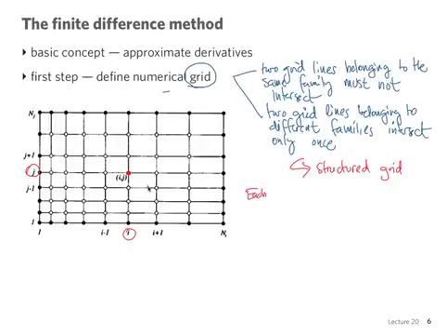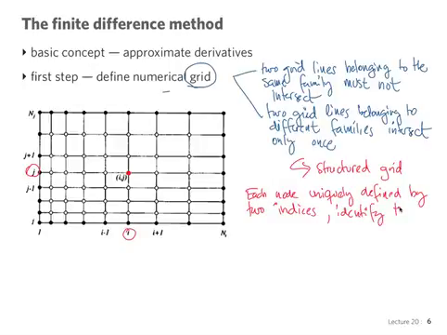If it was three-dimensional, we'd have an additional line going perpendicular to the paper, and we'd have I, J, K, but it would be the same idea. So each node is uniquely defined by these two indices that identify the grid lines that intersect at this point.